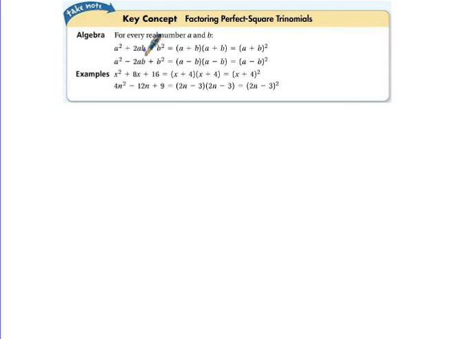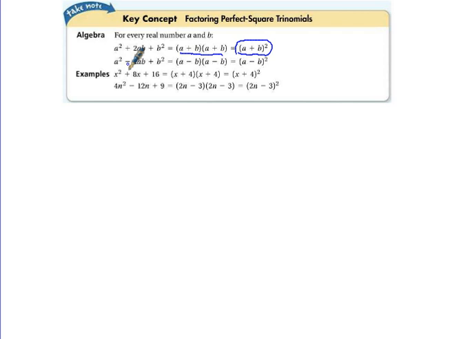So you're going to find the square root of this guy, or in other words, what number times itself gives you this. Find the square root of this guy, or again, what number times itself gives you this. And then this middle term says multiply those two results together and then double it. And if you get exactly your trinomial, then you can factor it quickly into that case, which is what we would start with if we were going the other way.